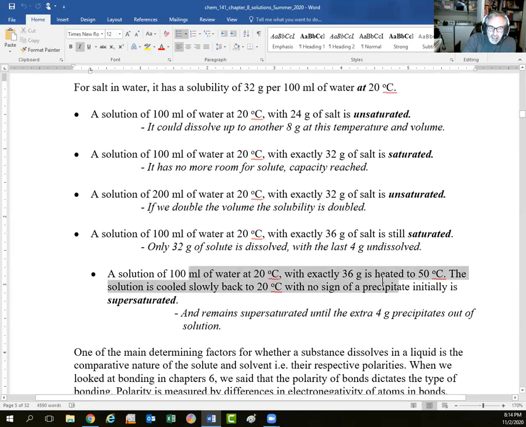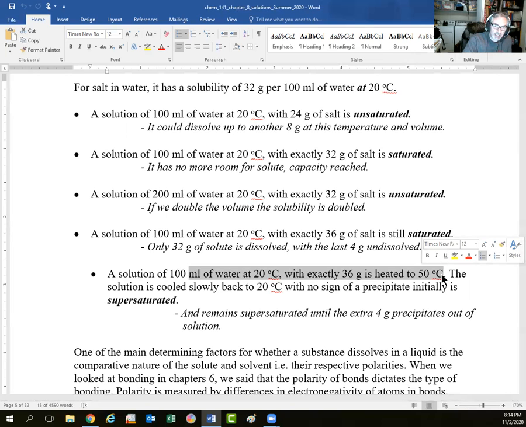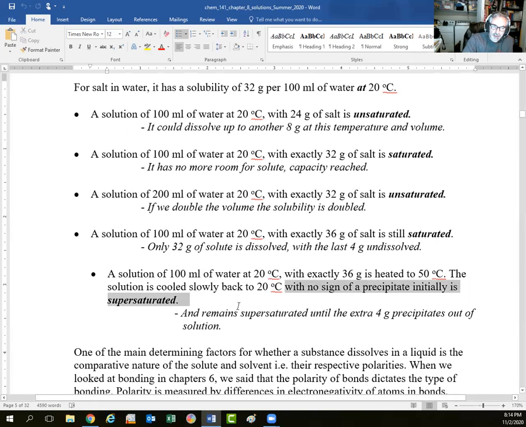However, if you heat that flask with 36 grams up to 50 degrees, that extra 4 grams will dissolve. Solutes are more soluble at higher temperature. So you get it all to dissolve at 50 degrees and then carefully cool the solution back down. And as long as there's no sign of precipitate, the solution would be considered to be supersaturated.